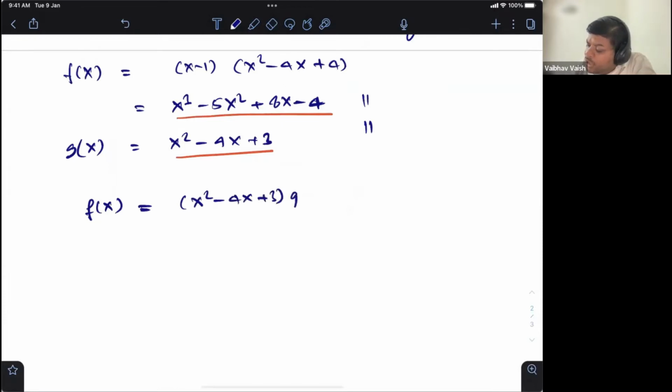Okay, so you write the larger of the polynomials as the smaller of the polynomials times some quotient plus some remainder. Okay, and this time the remainder and quotient will both be polynomials instead of being numbers.